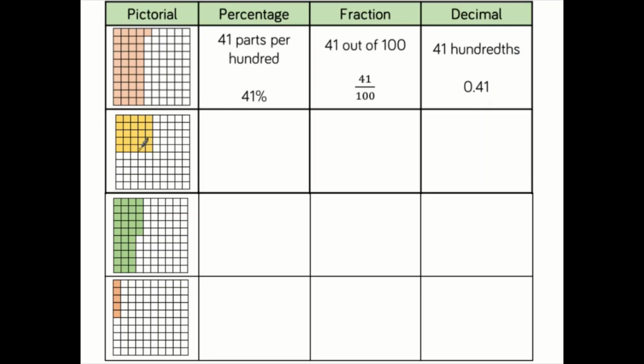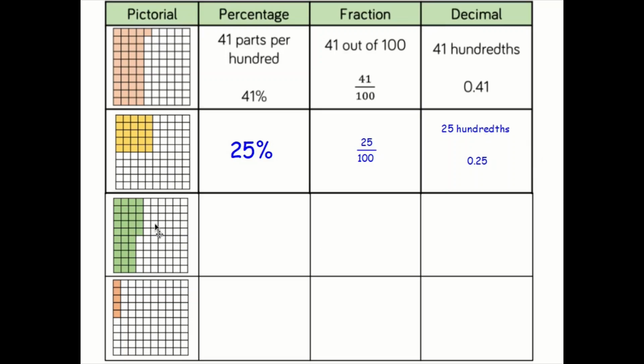Okay, what about this picture here? Well, this is 25 out of 100, which we know from our lessons earlier this week is 25 hundredths and 0.25, and that means it is 25%.